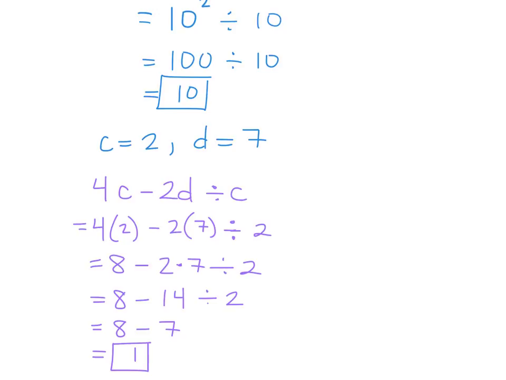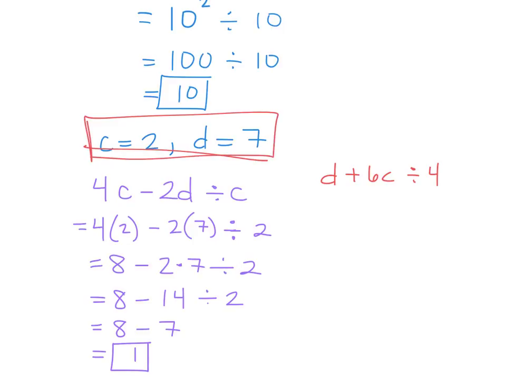Okay. How about this one then? Same set of numbers, and we're going to do D plus 6C divided by 4. Okay, so here's my set of numbers. C is 2, D is 7. So what do I replace my D with? 7 plus 6 times C is 2 divided by 4. Okay, what's the first thing we're going to do?